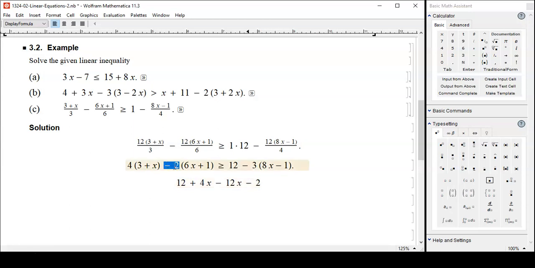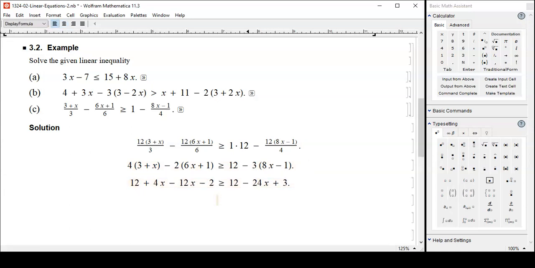Remember, negative 2 times 6x, negative 2 times 1, distribute negative, 12 minus distributing negative 3 times 8, so negative 24x, negative 3 times negative 1, that's positive 3.